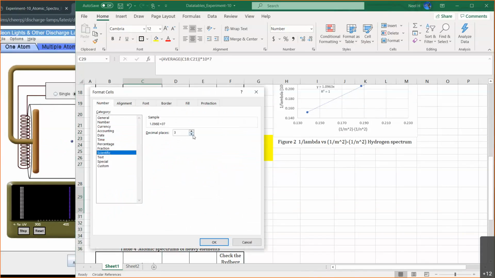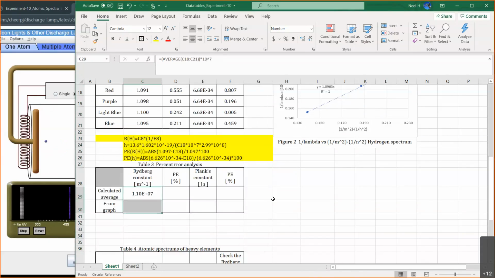Scientific, one number and two decimal places. Okay. So now it shows you nicely e plus 07, meaning 10 to the power positive 7. So that's the command I used for that one. This is R of H calculated average. Okay, R cal AVG.